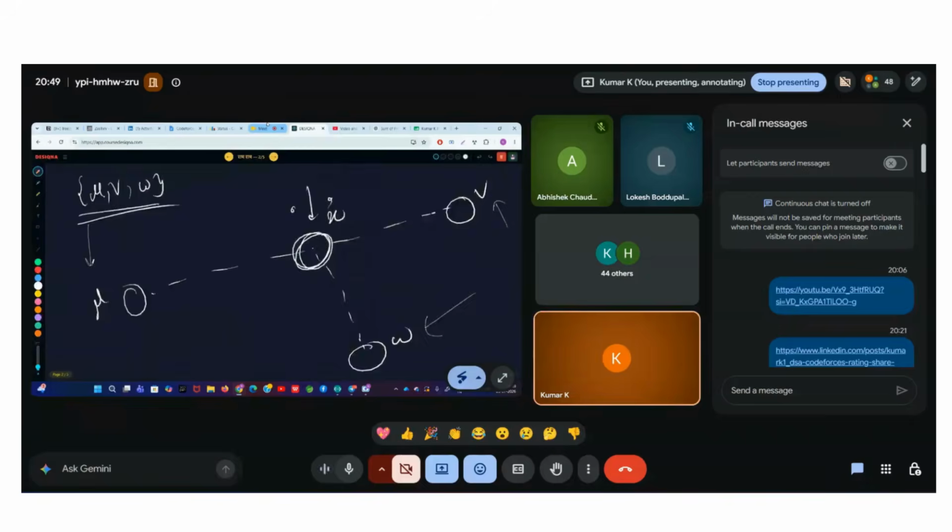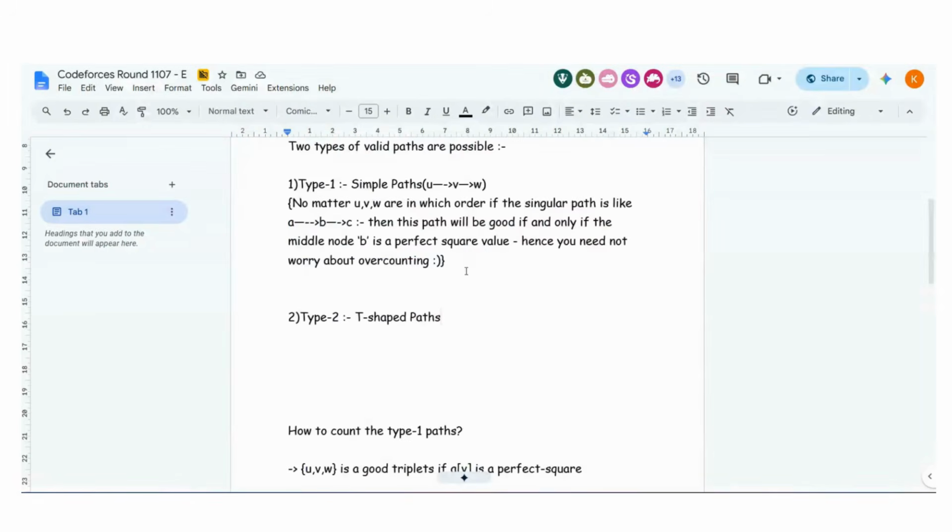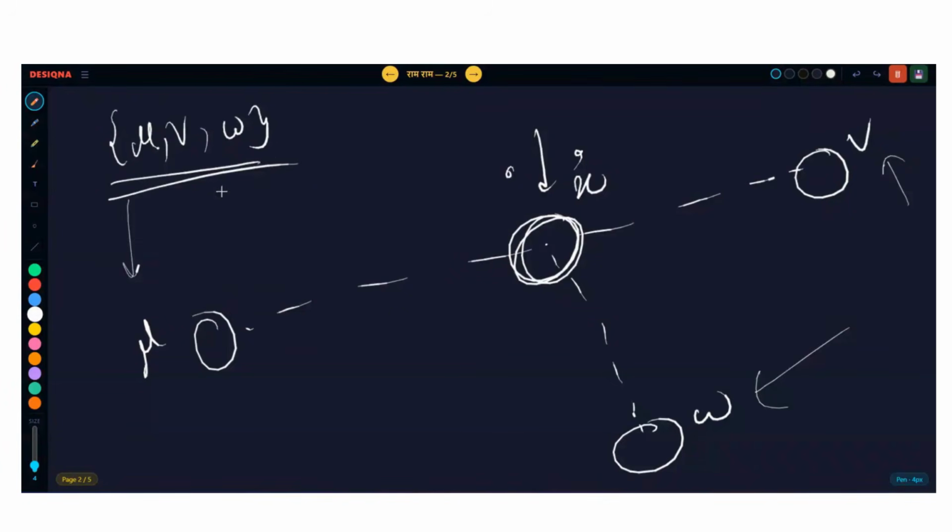Forget about type 1, for type 1 we are done. The question is saying calculate the valid UVW paths which are T-shaped or Y-shaped in nature. Everyone react with emojis if you understand. This is what the question is asking: count the number of UVWs which are T-shaped such that their intersection point is a perfect square.